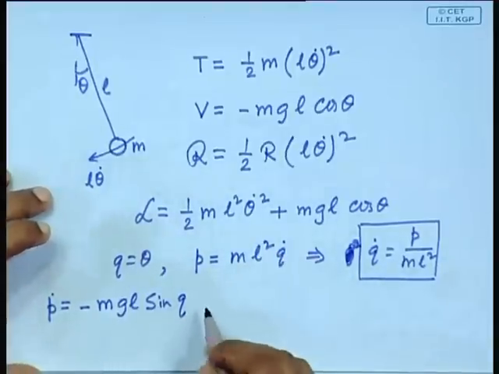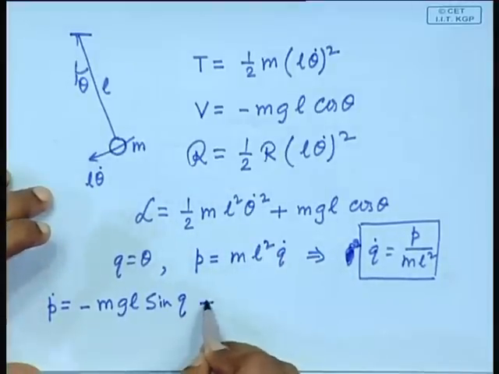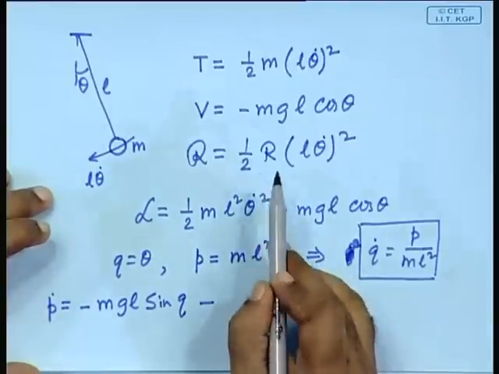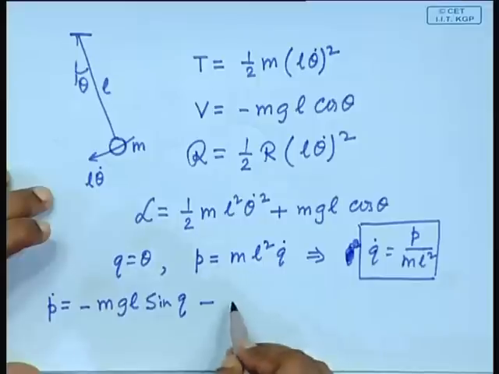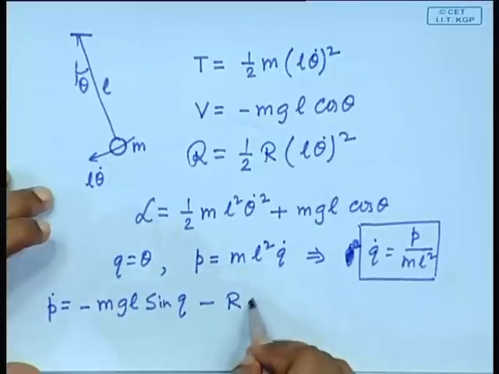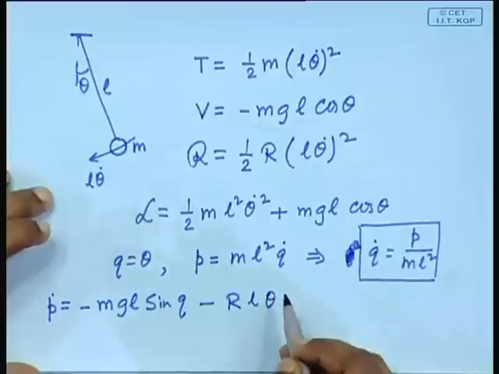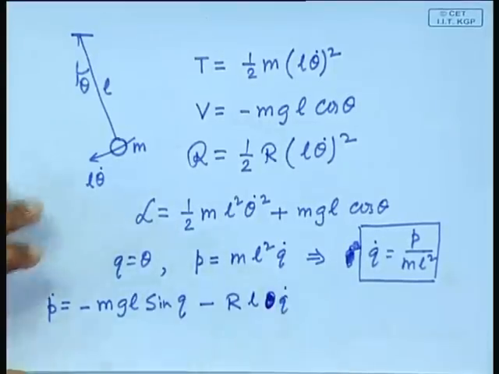Second one will be, it will be plus, no, minus r l, I am not in theta, I am in q dot. L square, yeah, you are right.